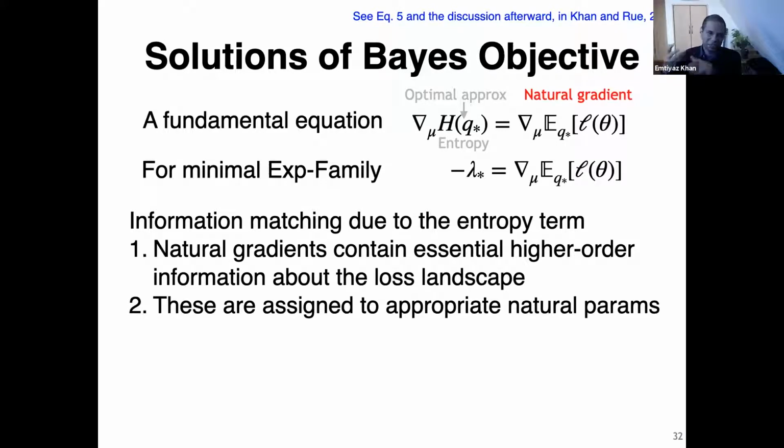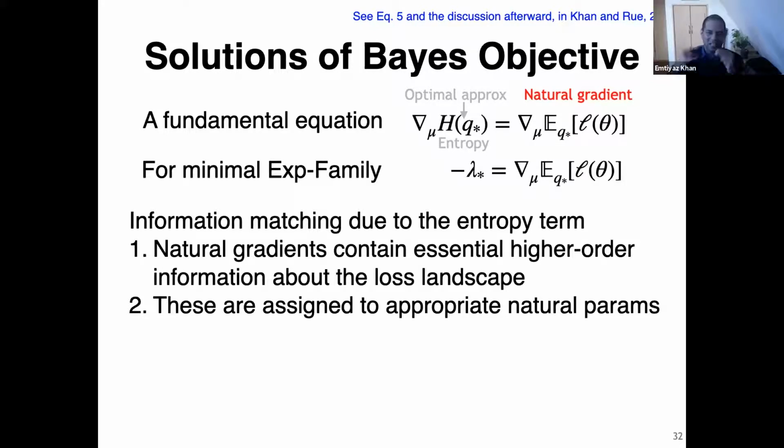When you choose Gaussians, you'll see that these will start containing information about the first order derivative of the loss, second order derivative of the loss. And this information will be assigned to the natural parameters. The natural parameters are made of the mean and the covariance. So appropriate information will be matched, okay?